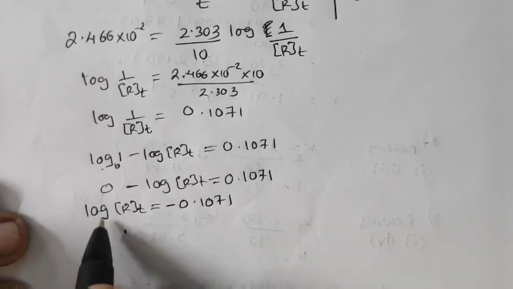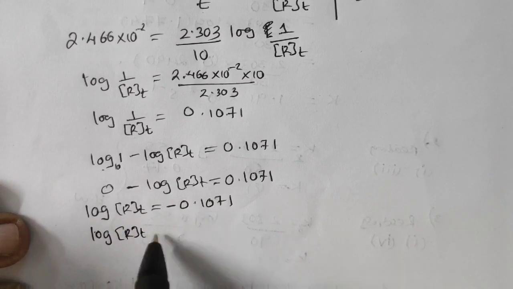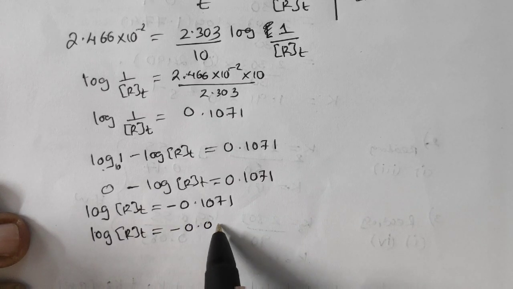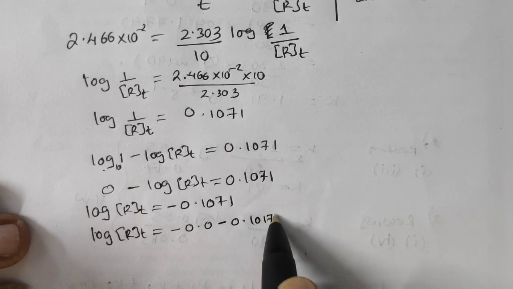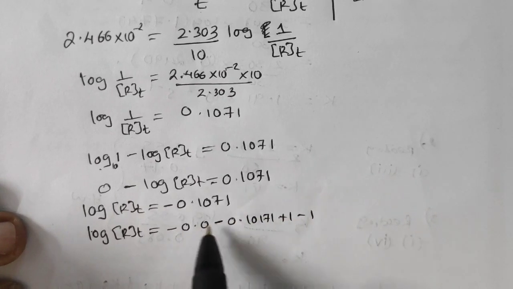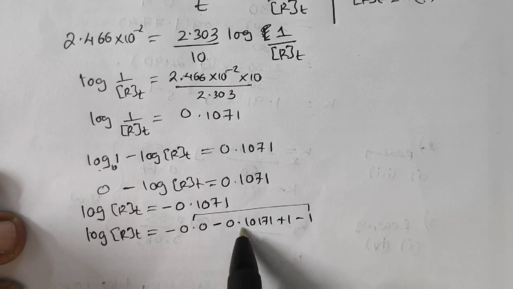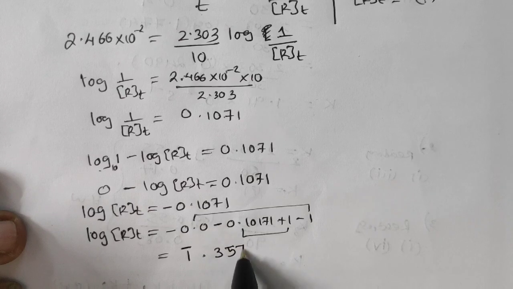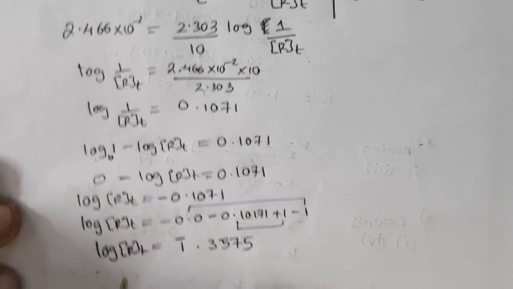0.1071. Now log RT cannot be negative, so we will make it positive: minus 0.1071 plus 1 minus 1. So you can simplify this and you will get 1 bar 0.3575, that is log RT, right?